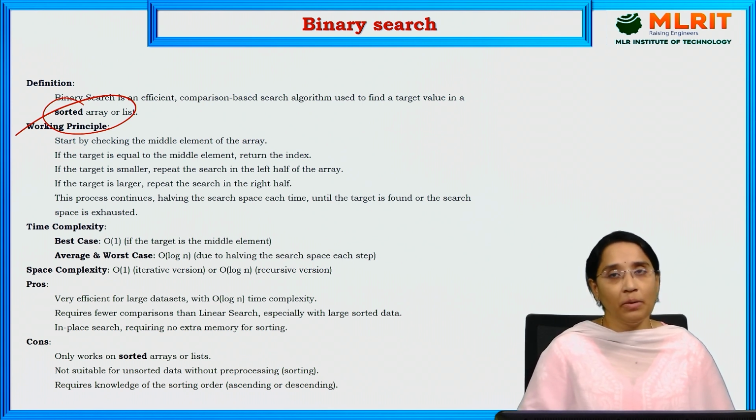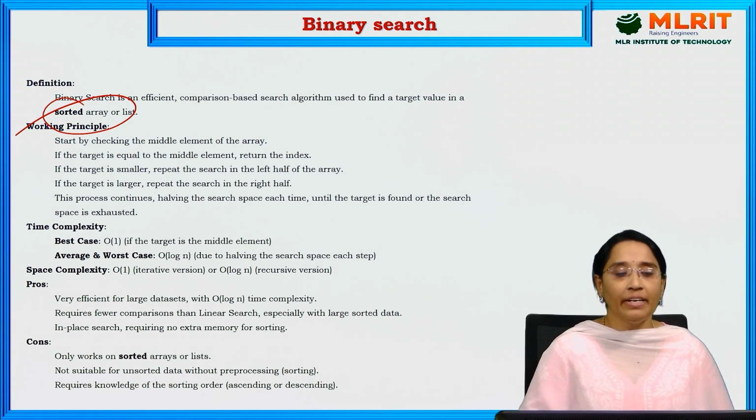Now the working principle: how it works. It starts by checking the middle element of the array, which you call the mid value. If the target is equal to the middle value, it returns the index. If the target is smaller, repeat the search in the left half of the array.